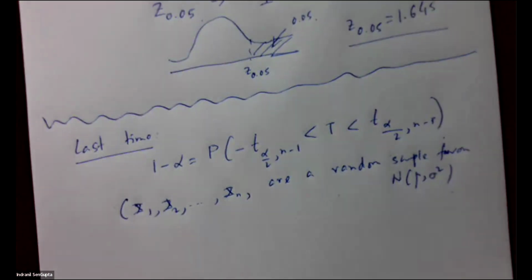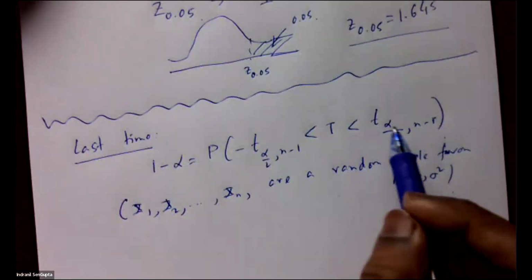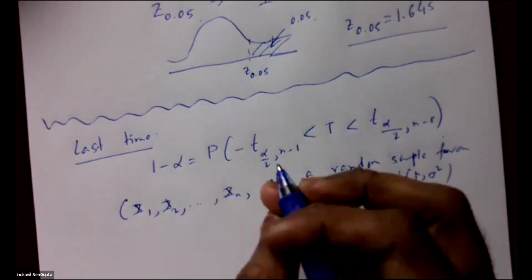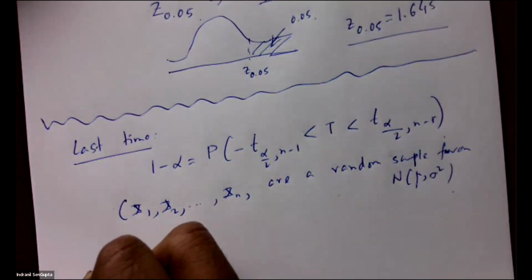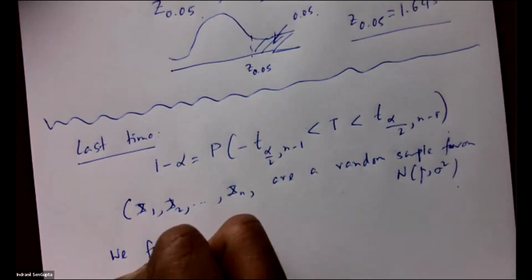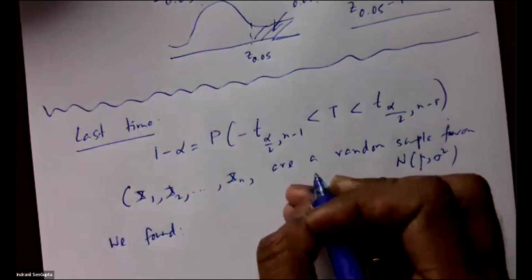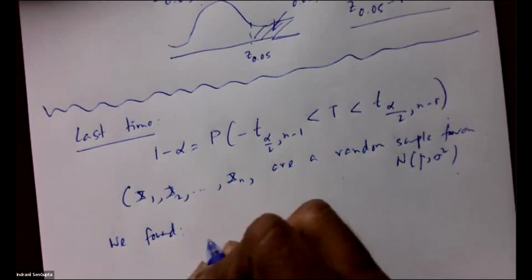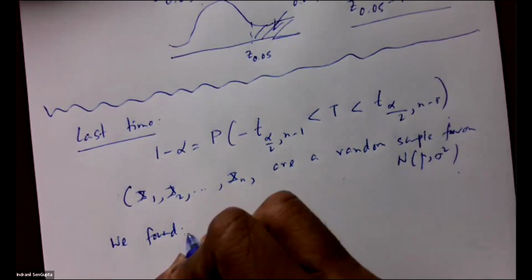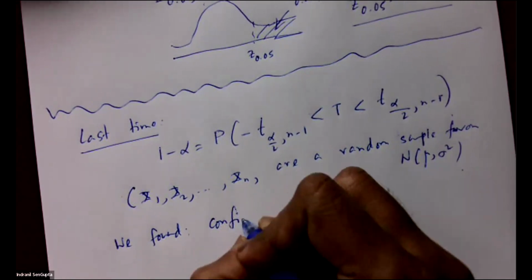And then what we found is the confidence interval. In this case, the confidence interval for mu is given by, we have done everything last time, so let me just write it this way.